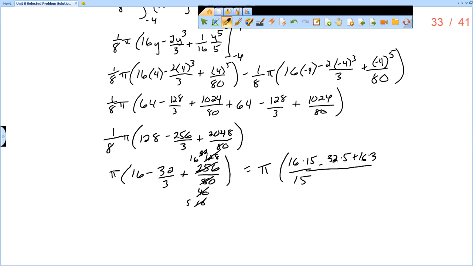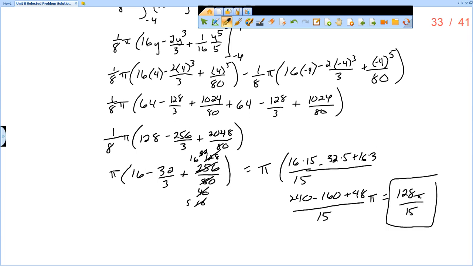So 16 times 15 gives me 240, minus 32 times 5 gives me 160, plus 48, over 15. Then 240 minus 160 plus 48 gives me 128 pi over 15. And so that is my volume.